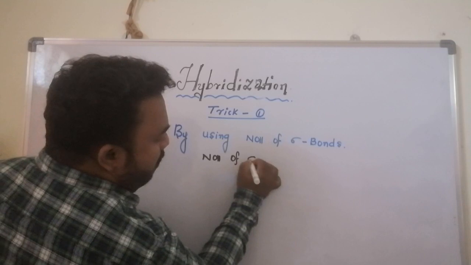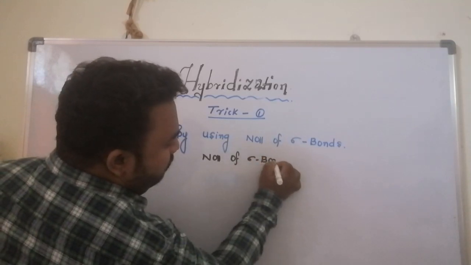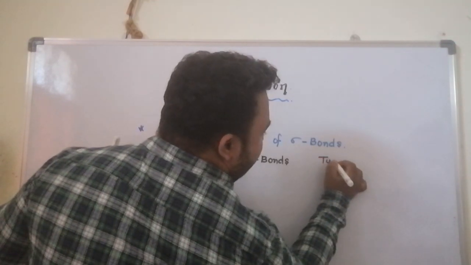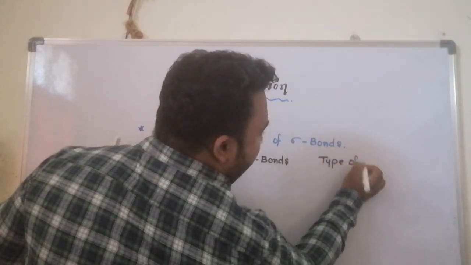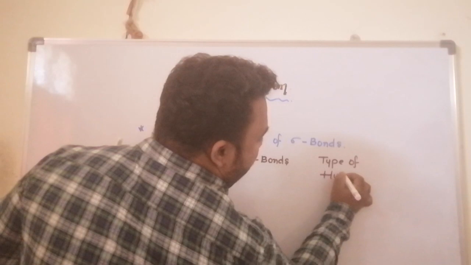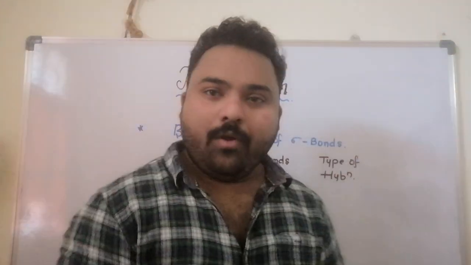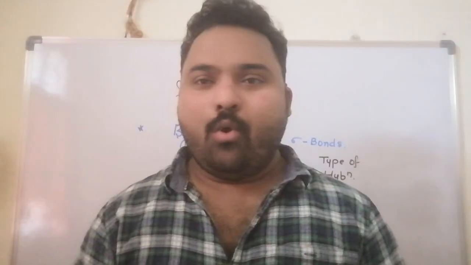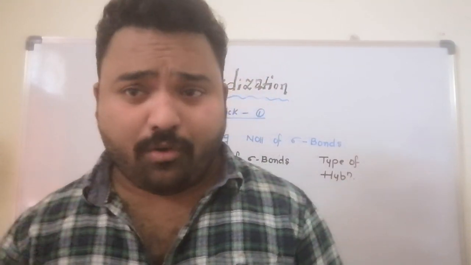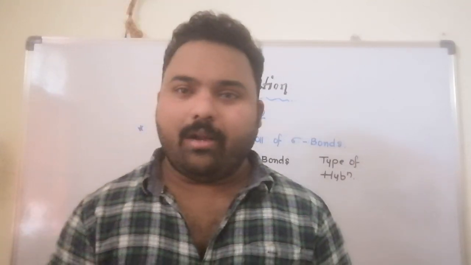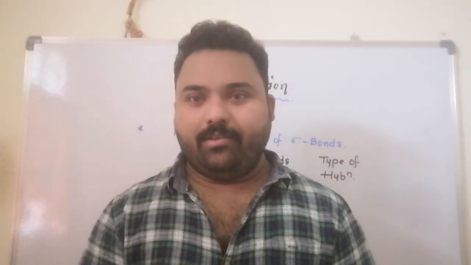Number of sigma bonds and type of hybridization. For example, if two sigma bonds are formed in that particular molecule, then the hybridization of that central atom is nothing but sp hybridization.